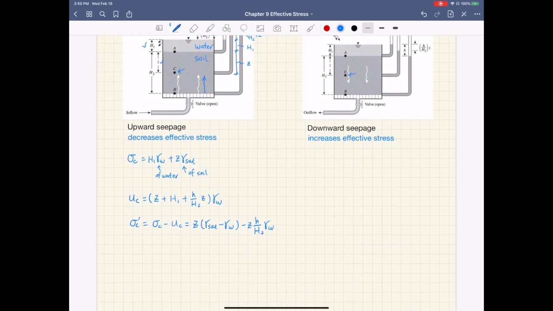This difference here is by definition the buoyant unit weight, gamma B, or sometimes we use gamma prime.